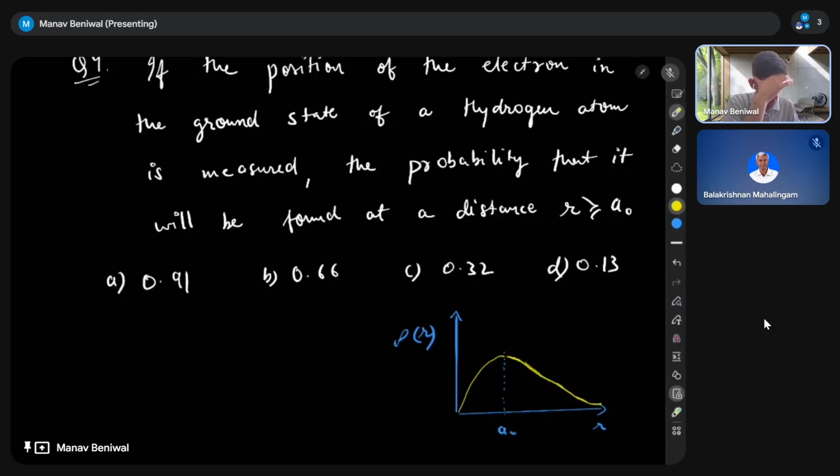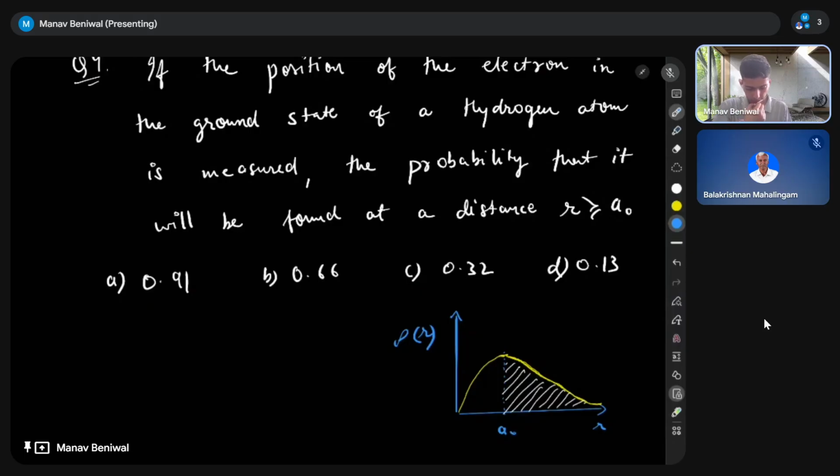So this is like the function. Now the question is asking for the probability for r greater than or equal to a naught, so basically this region. What is the probability that our electron is in this region? That is the question.